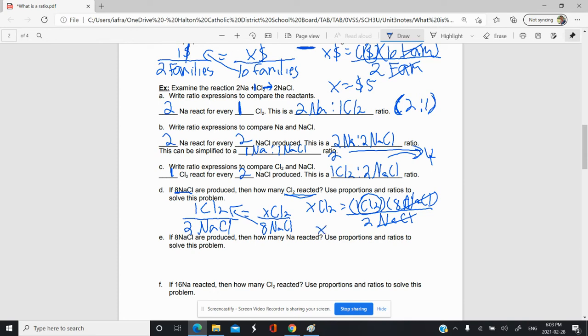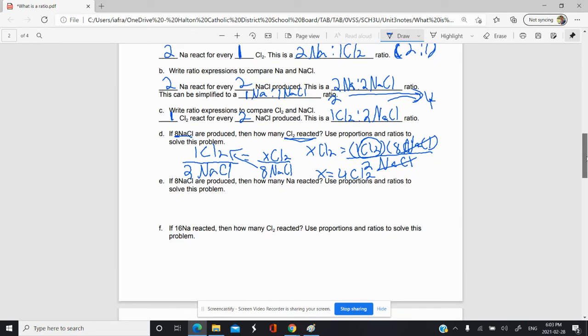So you have 1 times 8 divided by 2, 4 Cl2 molecules if you had 8 NaCl. So that there is one way you could use that.